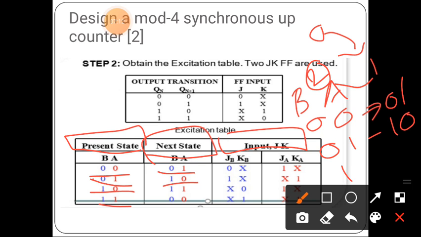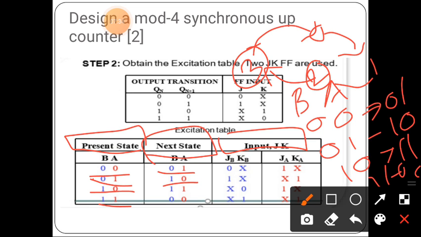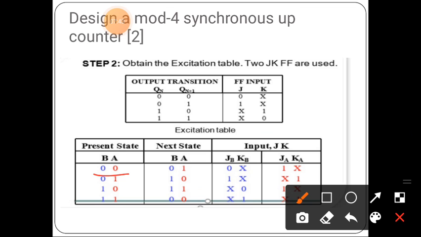If the present state is 10, that is 2, then for an upward counter the next state will be 3, that is 11. Now the present state is 11. If the present state is 11, the next state will be 00, that is drawn here. If the present state is 00, the next state will be 01.